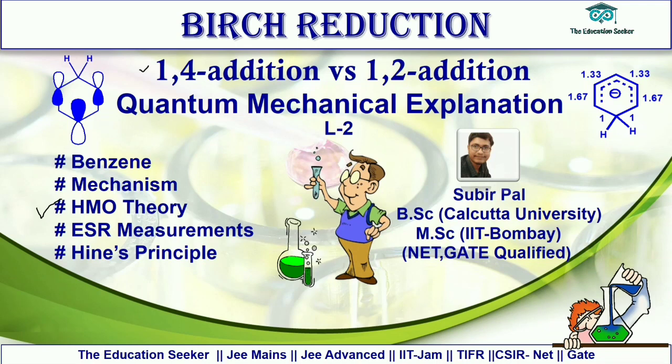The second thing I have added is ESR study as an evidence to support a particular reaction pathway. And the last one is Heine's principle, and this is going to be exciting to you, so please watch the video till the end so you can reach everything and feel it.